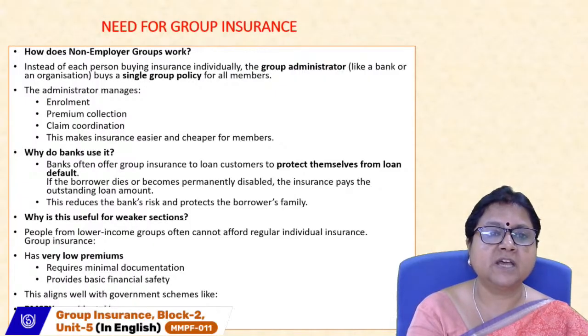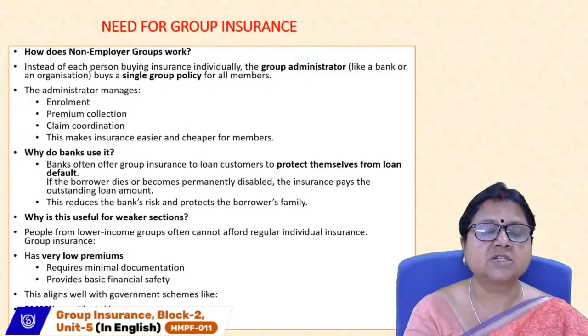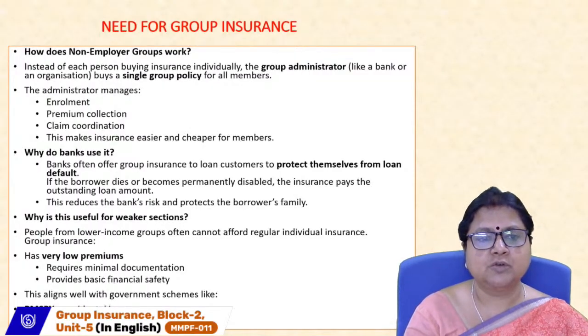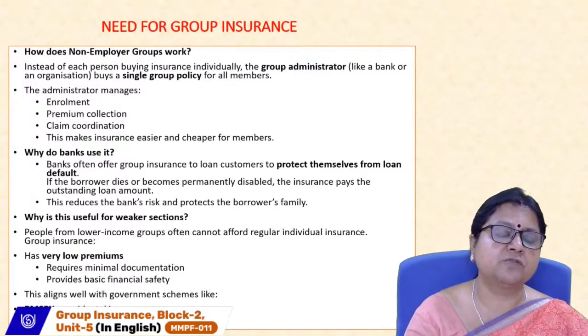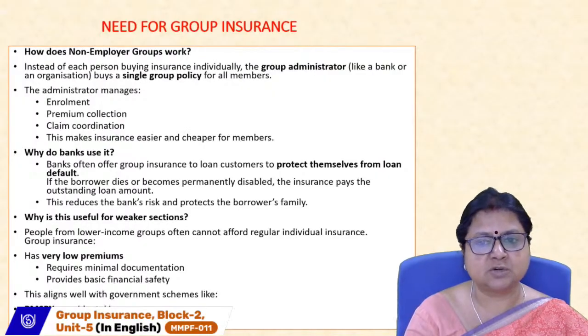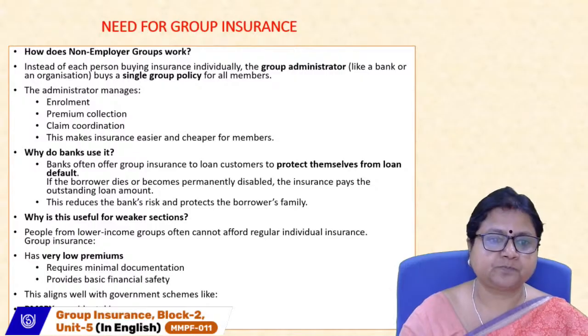Now there might be some sort of issues with their ventures. So that is why they should have some sort of security associated with the loans which they have borrowed from the bank. In that case, they can go for a group insurance policy also, but that is again administered by a group administrator.